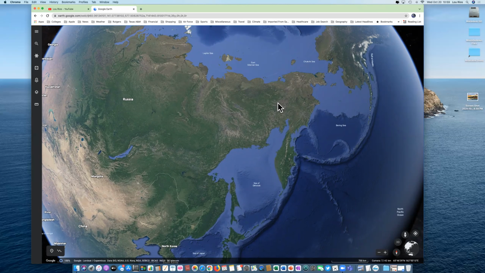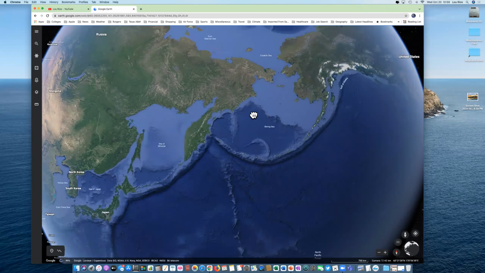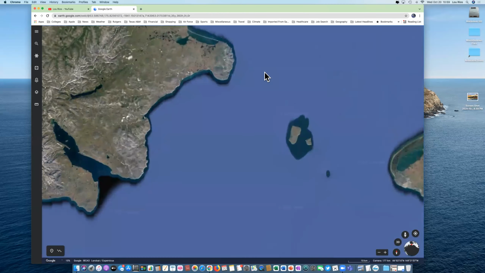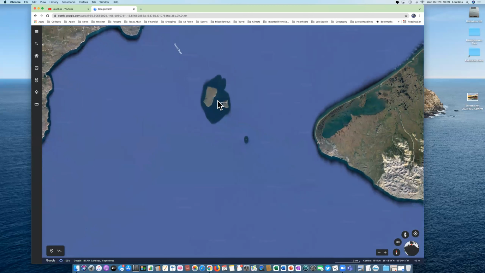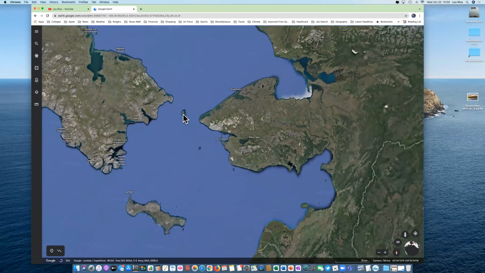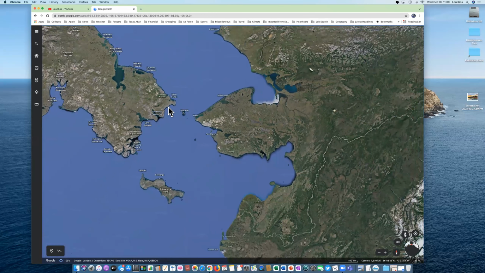The region extends basically from the US Russia border, which does exist right here. This is Russia, this is the United States. The Diomede Islands, Little Diomede, Big Diomede. And here begins the very eastern portion of Siberia.